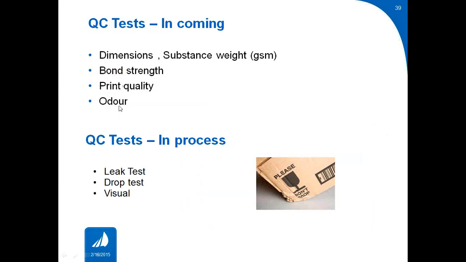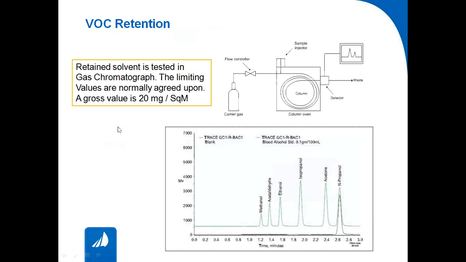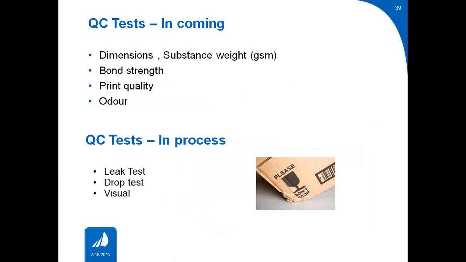I have mentioned one gross value of 20 milligram per square meter. So we mentioned that, and depending on the applications, it even goes down. Like these days, for most of the applications for food packaging, toluene is a no-no, which is otherwise a very popular and commonly used type of solvent for making packaging material. Okay, so that was the design part.